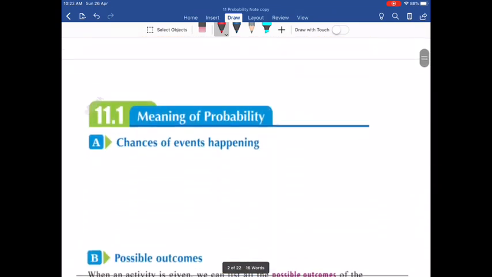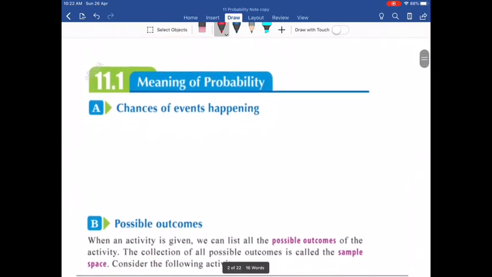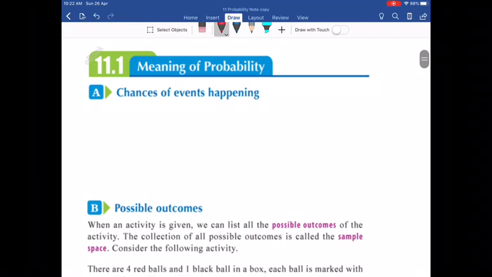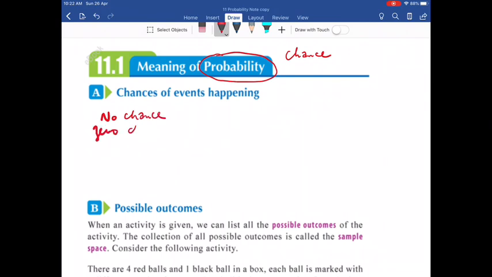And then we go to the meaning of probability. Sometimes we call it chance. How do we describe the chance of an event happening? It may be no chance, or we call it zero chance. The chance is 0.